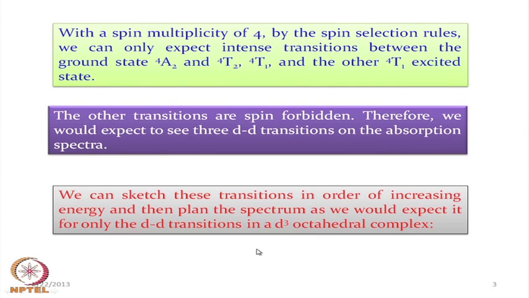In order of increasing levels, we take the ground state, then the first, second and third excited levels, and that tells us immediately where the ν1, ν2 and ν3 band positions will be.